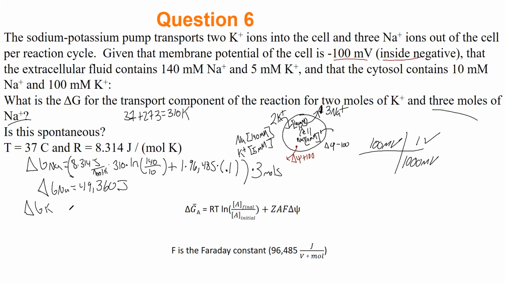Let's move on to potassium then. Same idea. R and T are the same. Natural log, final concentration. The final concentration of potassium is 100, divided by initial, which was 5, plus the charge of potassium, which is 1, times Faraday's constant, 96,485, times, here, we're going inside the cell, so it's actually negative 0.1 instead of positive, because we're going the opposite way.